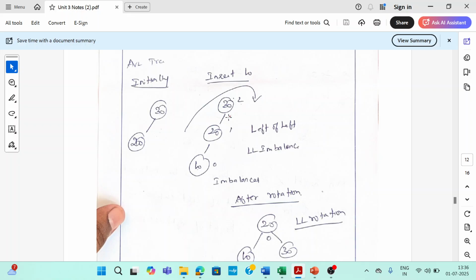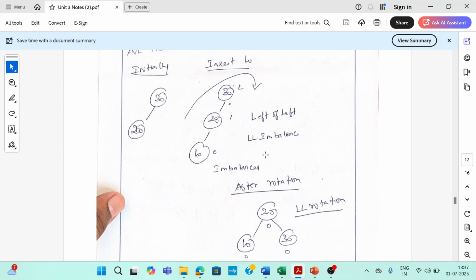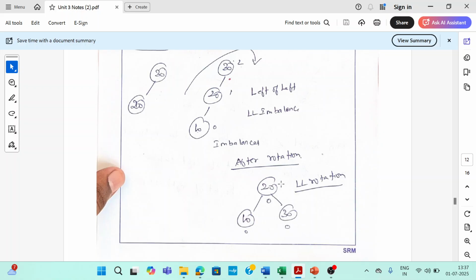So now what I'm going to do over here, I put a nail over here and then I put a thread over there. I pull it on the downside. So now what happens over here? 30 goes down, 20 goes up and 10 comes here. So this is called left rotation.